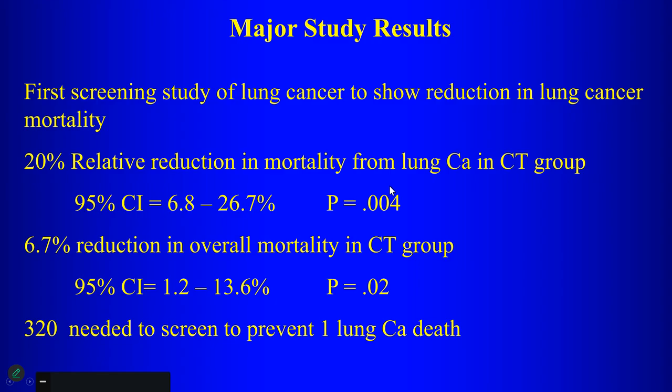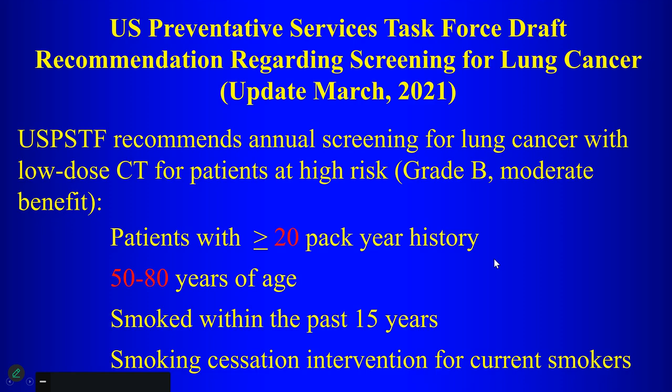So they had patients that were screened with CT, patients who were not screened, compared the mortality of both, and CT screening had a 20% relative reduction in mortality. There was a small overall reduction in mortality. Also, in the screen group, 320 needed to be screened to prevent one lung cancer death. So those were the major results from the National Lung Screening Trial.